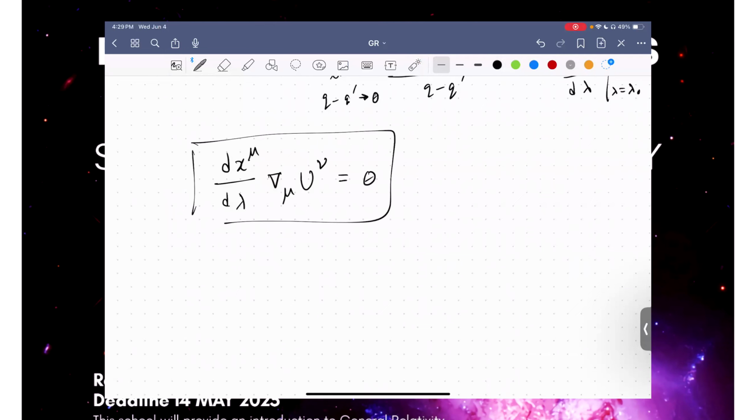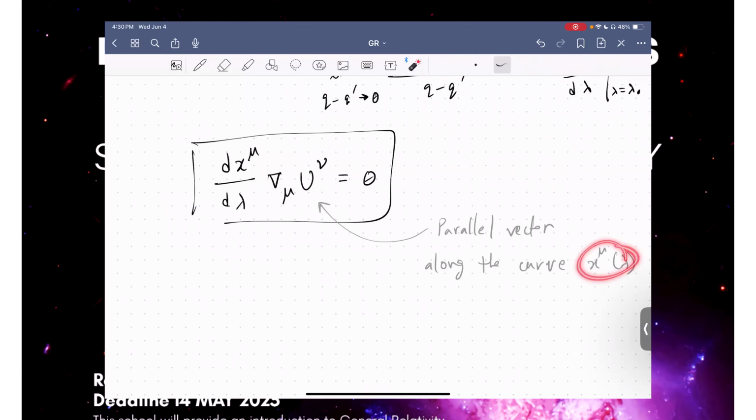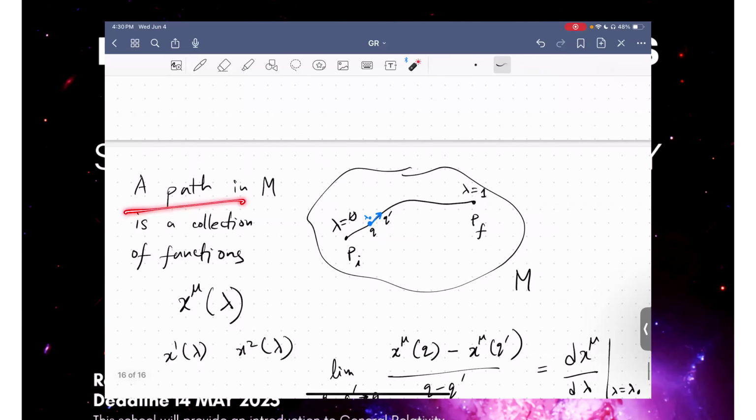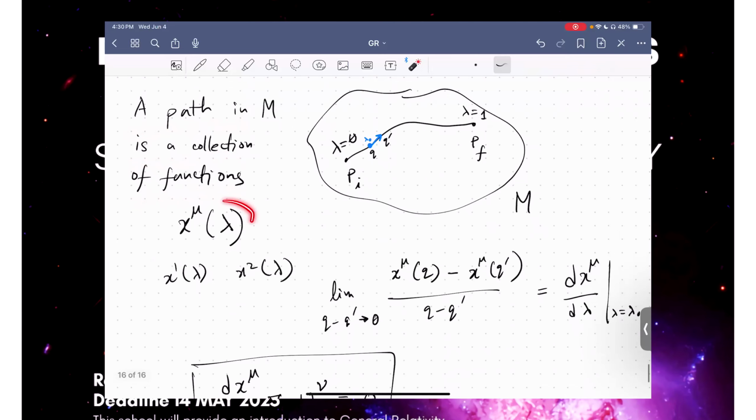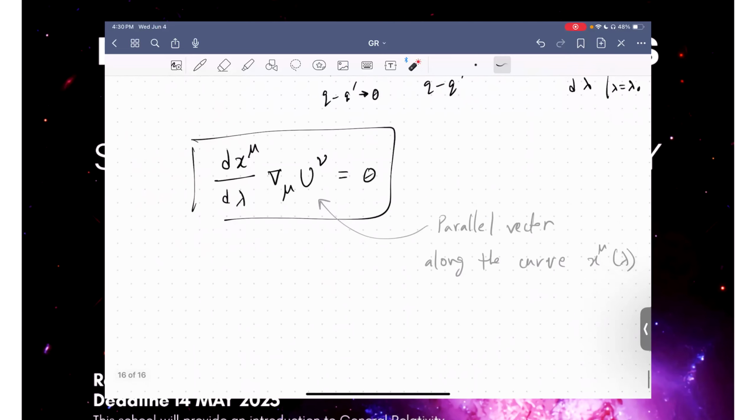So this defines a parallel vector along the curve x mu of lambda, the curve defined by this set of functions of one parameter, right? Recall that we were defining a path in your space by a set of functions of one parameter.